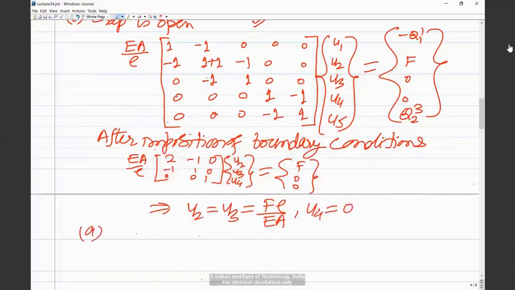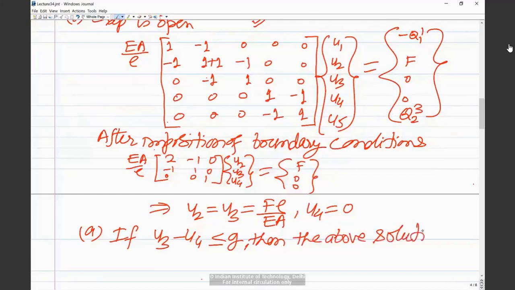Initially we said that the gap is open, so now we have to see if u3 minus u4 is less than or equal to g. Of course u4 is 0, so if u3 is less than or equal to g, then the above solution is valid.